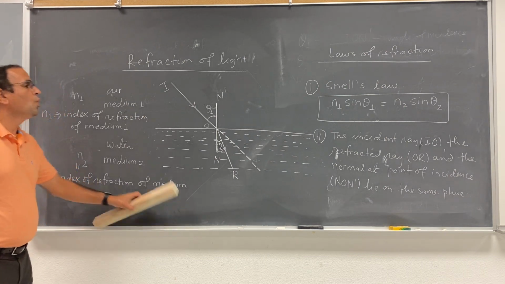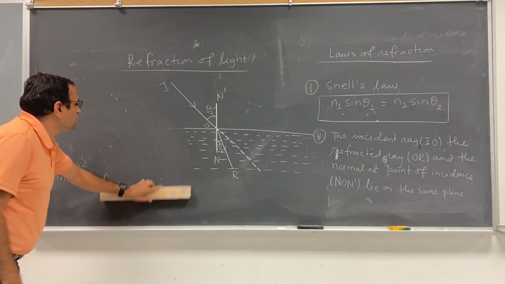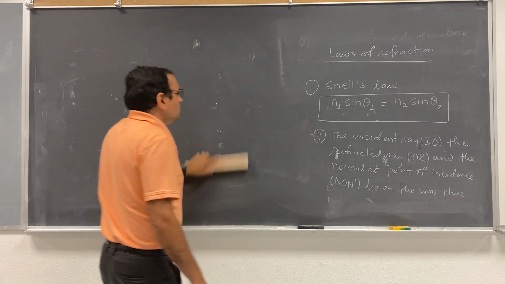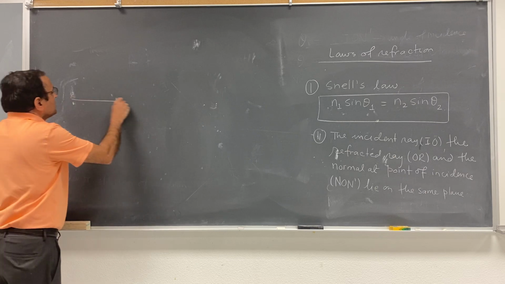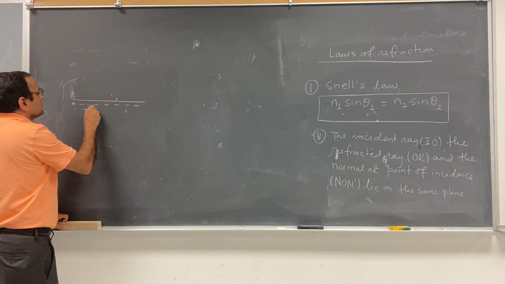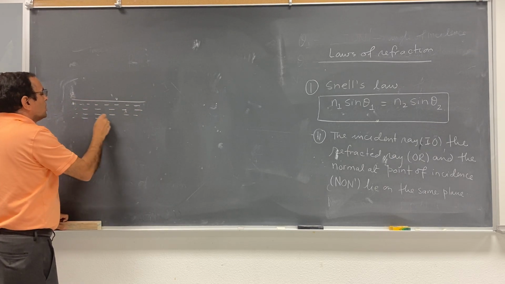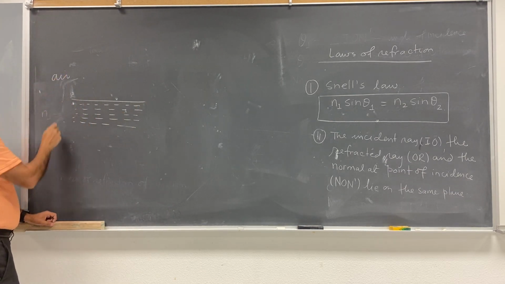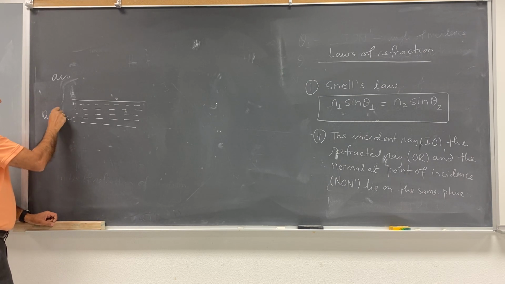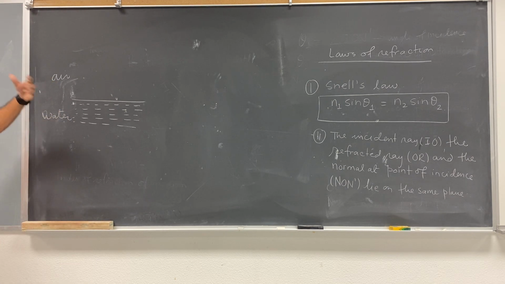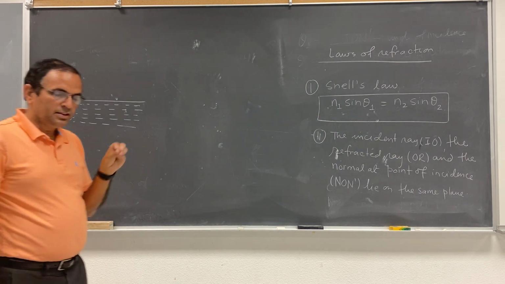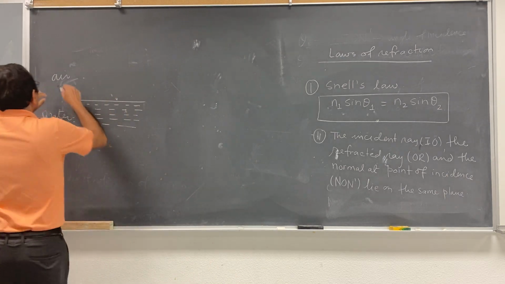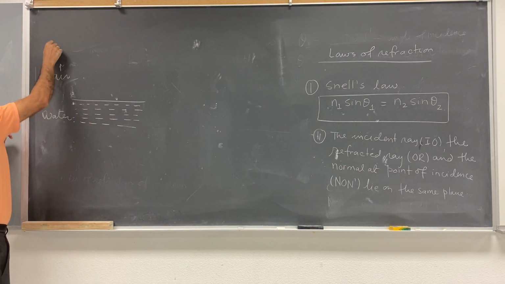Okay, and there is one more, but before writing the third one, I want to erase this. I want to draw a new diagram. Look at this. The third one is, let us suppose this is water, and here this is air and this is water. Air is, we say, an optically thin medium. The density of the air as compared to the water is smaller.